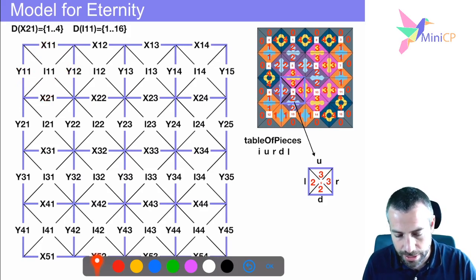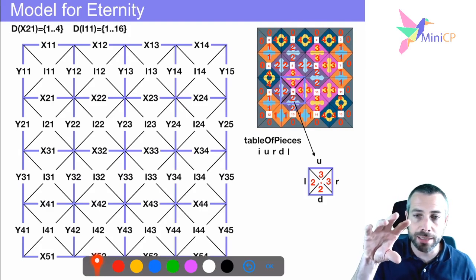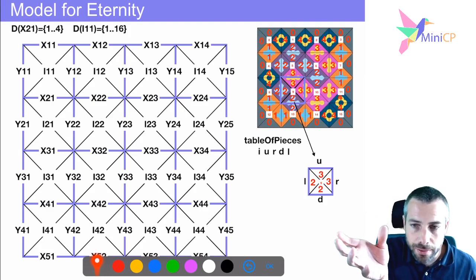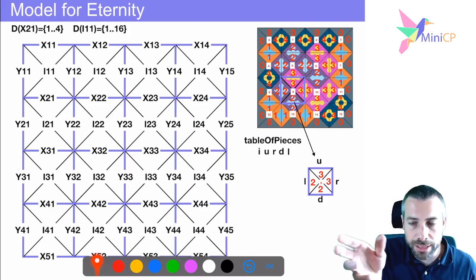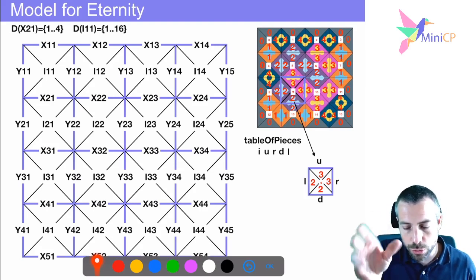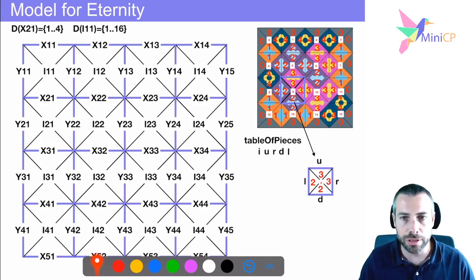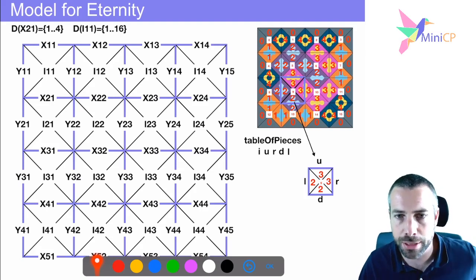Okay? So these are all the pieces of your problem. So for every piece that I have here, of course, I can decide to rotate it by 1, by 2, or by 3 different rotations. Okay, by 1 quarter, by 2 quarters, by 3 quarters, or no rotation at all. And this is what I will use to fill in my table.